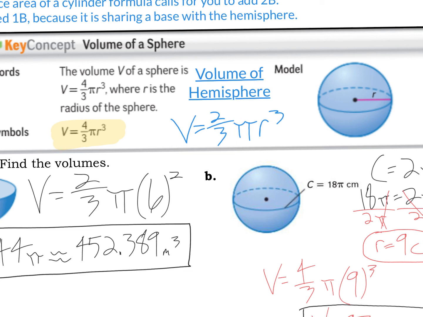And so if you cut it in half, it's just half of your sphere, so it's just 2/3 pi r cubed. Nothing special about the volume of a hemisphere formula because we're talking about all the space that is inside of it. So that's why you can just get away with just purely cutting in half the volume of a sphere formula. So I just cut in half that top number to make the 2/3 pi r cubed.